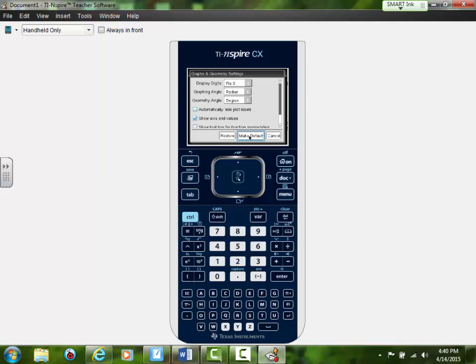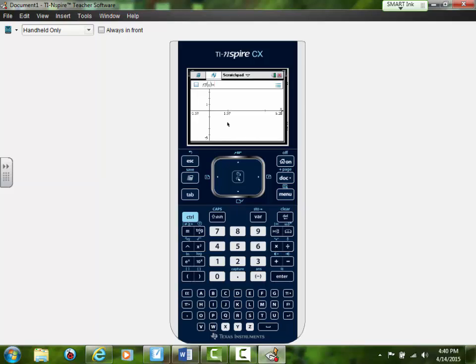So make default. The cool thing is once you do this, your calculator is now set for the rest of the time you work, as long as you don't hit Doc B. Hit Doc B, and it's going to reset. So this would be one time where you want to just delete the equations each time. Our first equation was 2.5 sine x.